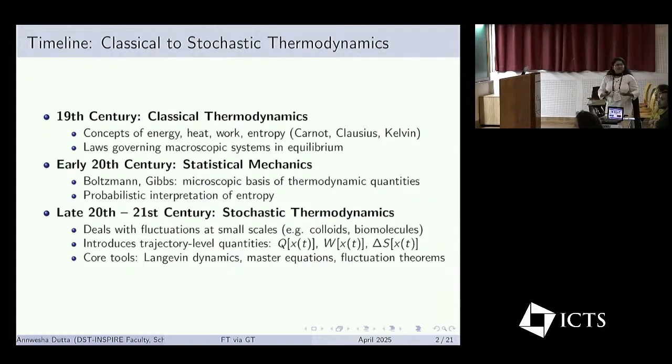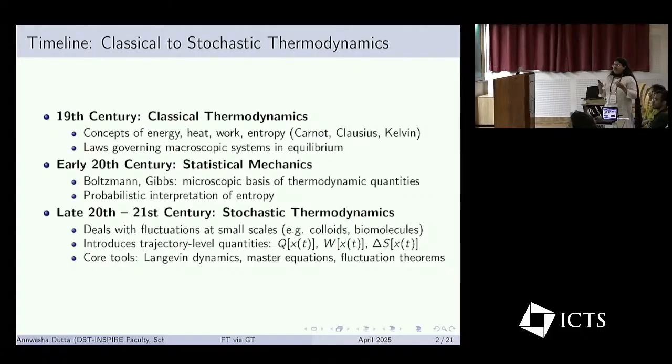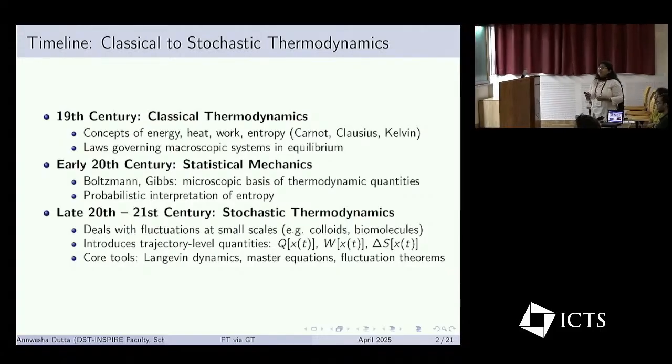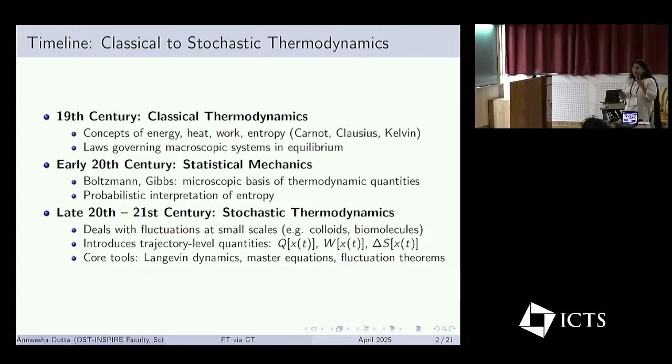And currently, we are in the stochastic thermodynamics era, where we mainly discuss fluctuations at small scales, which is very helpful for studying colloids, biomolecules, and active matter, systems where thermal fluctuations are important.